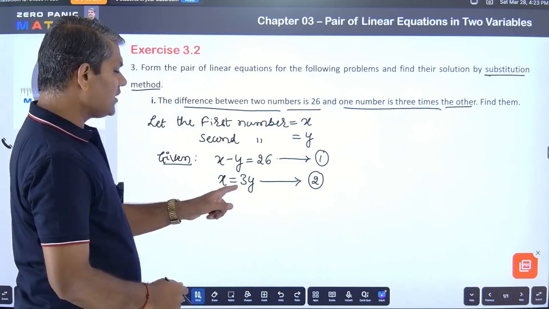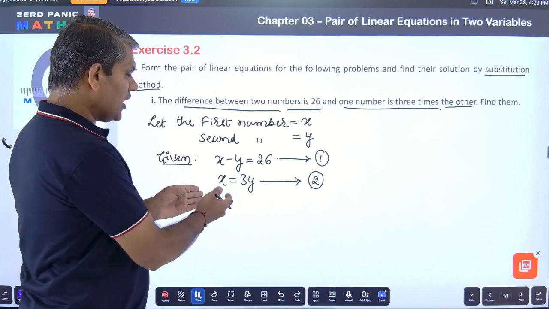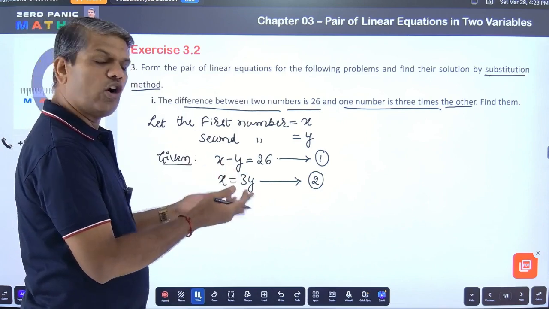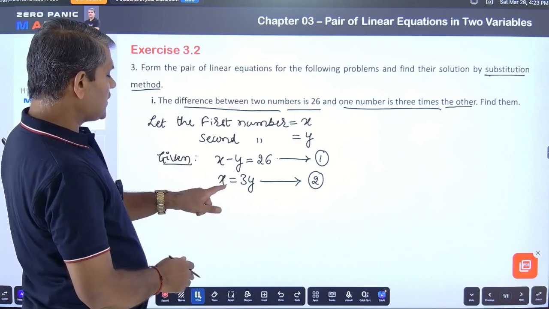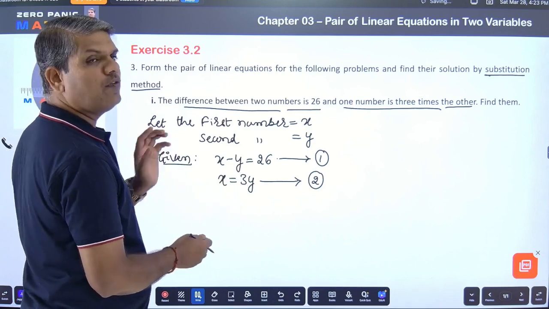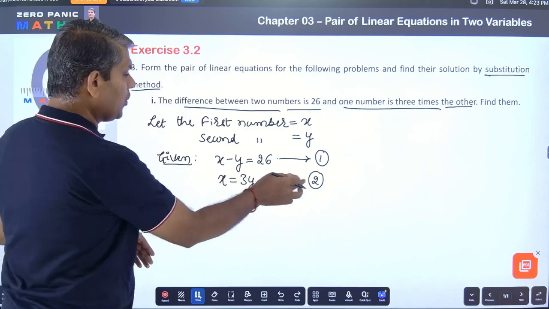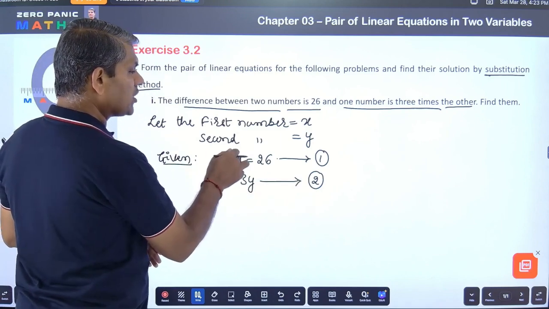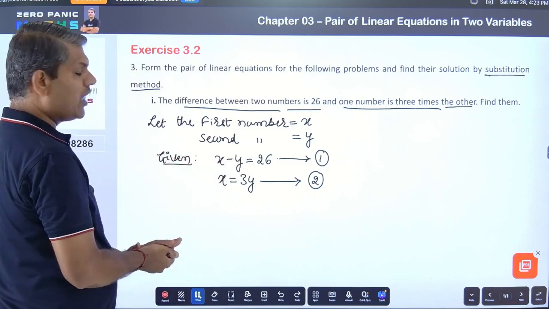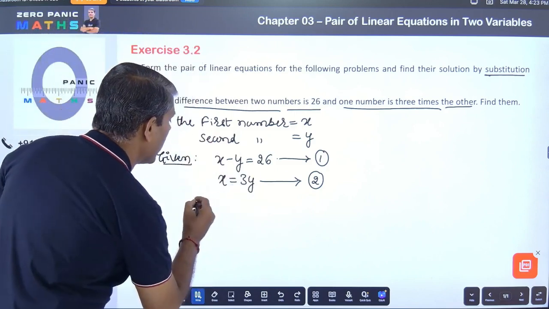Now by looking at the second equation, you can understand that the first step of the substitution method we have already done, because equation 2 defines the variable x in terms of y. So substituting equation 2 into equation 1 will get us the actual value of y.